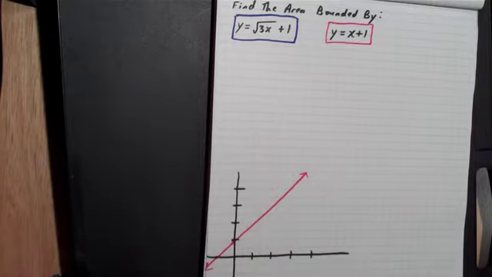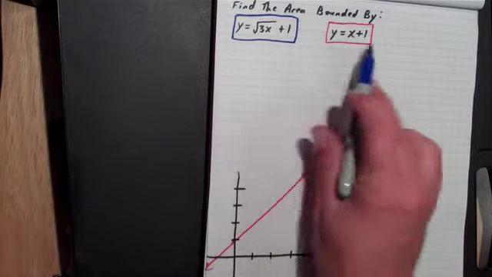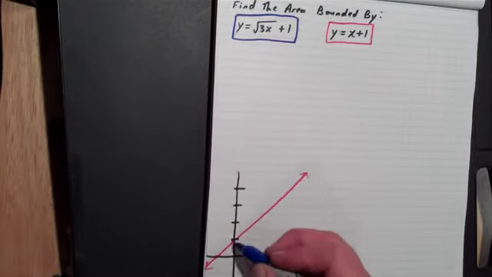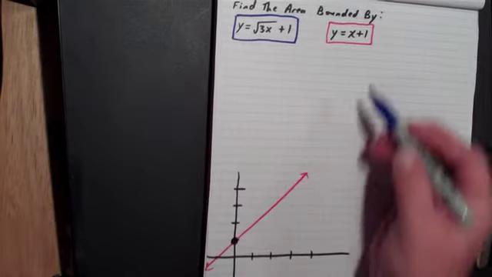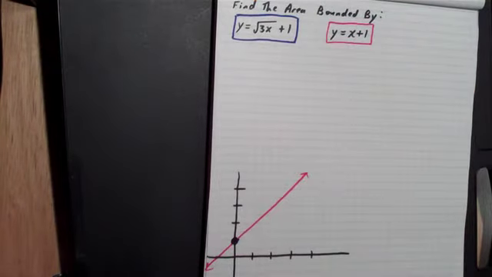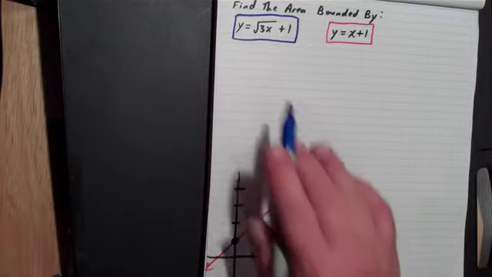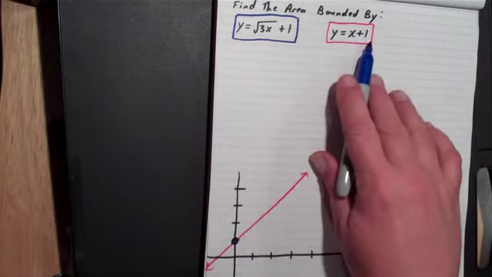Now you can find out where they meet by setting them equal. I always put 0 into each. If I put 0 into here, I get a 1. If I put 0 into the line, I also get a 1. You can look for things that are perfect squares also, be logical about it. If you put a 3 in, 3 plus 1 is 4.